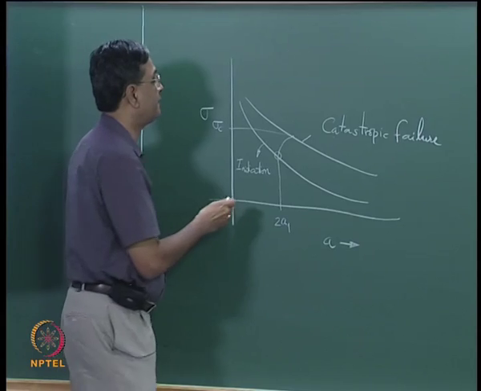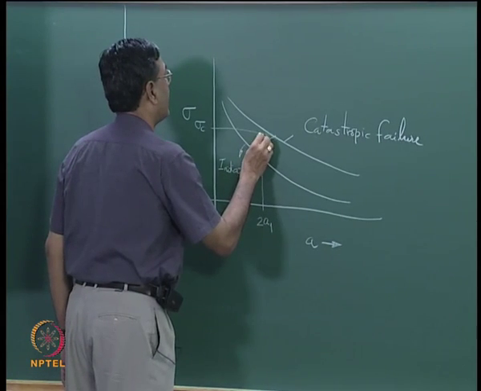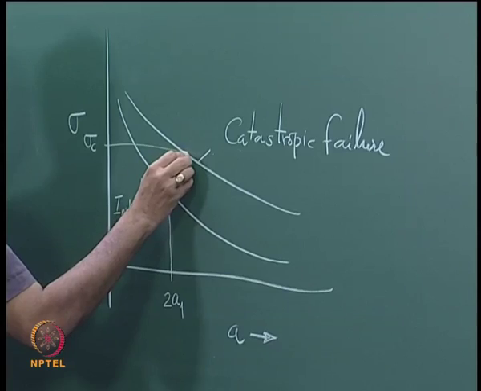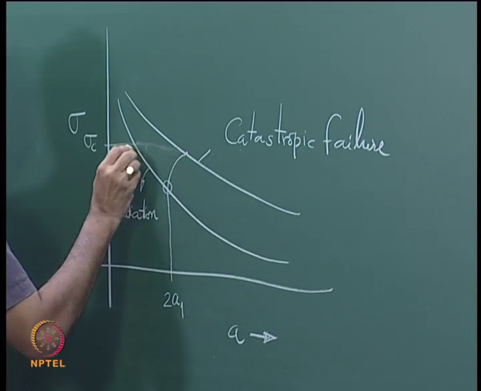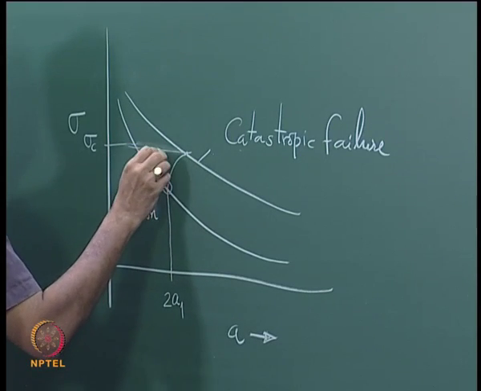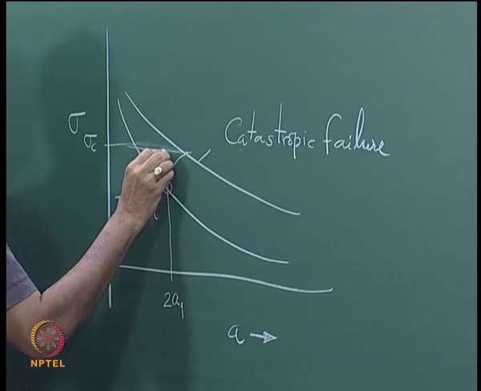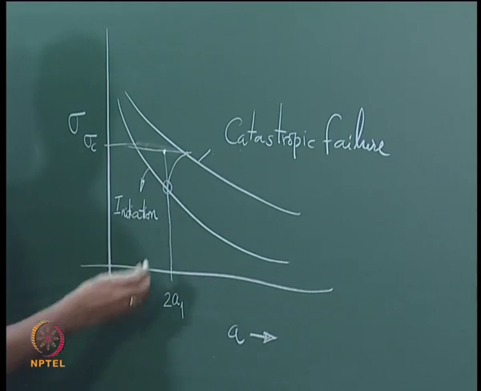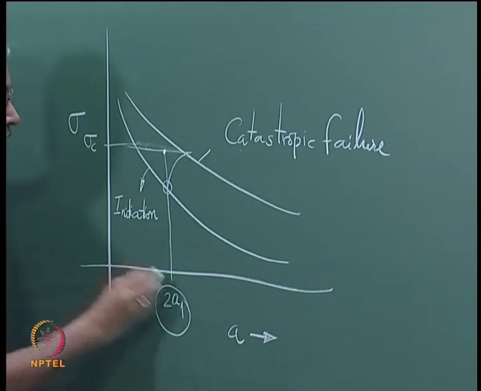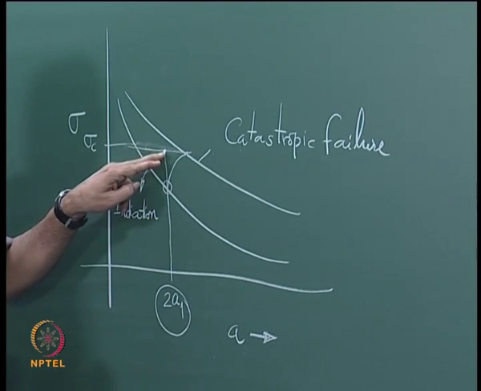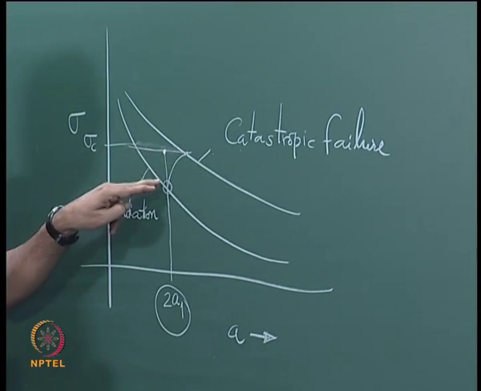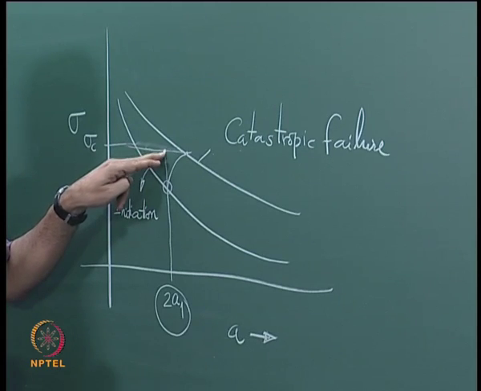So, for apparent toughness, we will have this stress, this line is inclined, so I will write this as horizontal, and I will mark this point. For a crack length of 2a1, I have one point from this experiment which will give the apparent toughness.